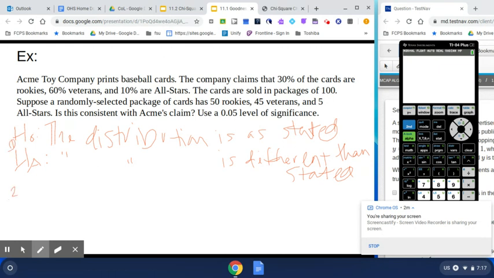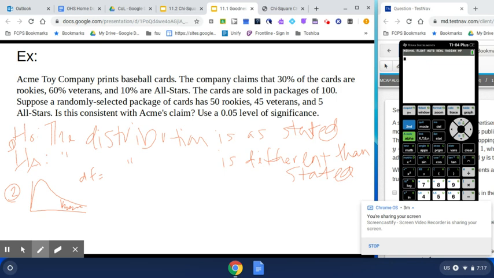Step number 2, we're still going to find a critical value. It is still on the chi-squared chart. And again, the area that indicates that the distribution would be changing is where the observed values are really different than the expected. So that's that right tail of the chi-squared distribution. Our degrees of freedom are the number of categories minus 1.